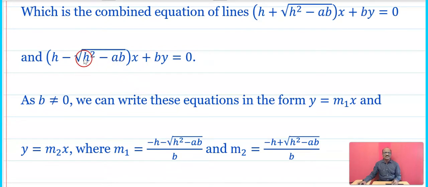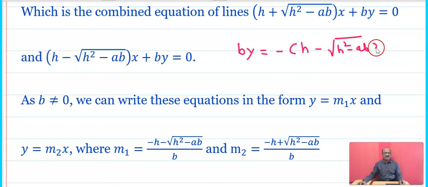In this case, if we bring this term to the right hand side, then you will get by = −(h − √(h² − ab)) x.